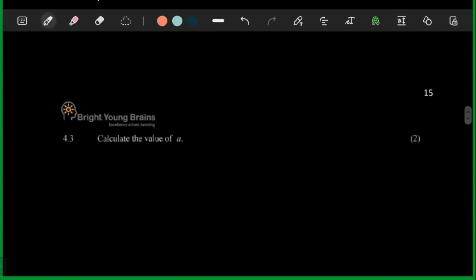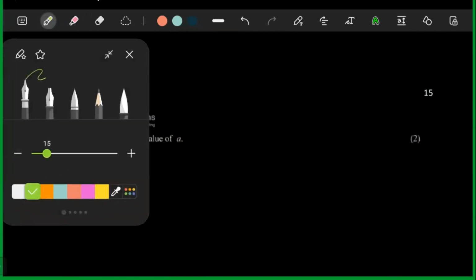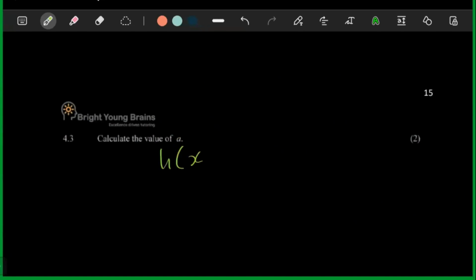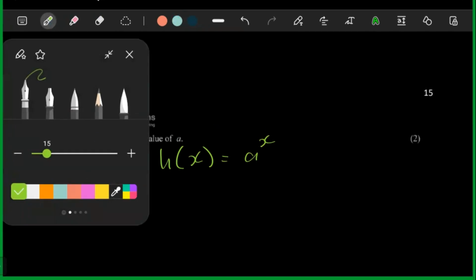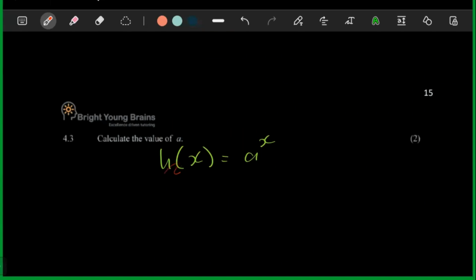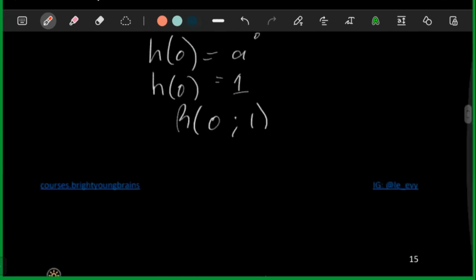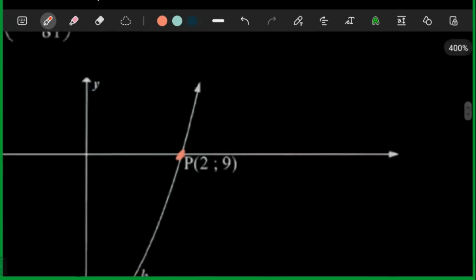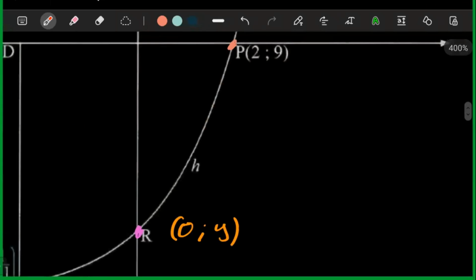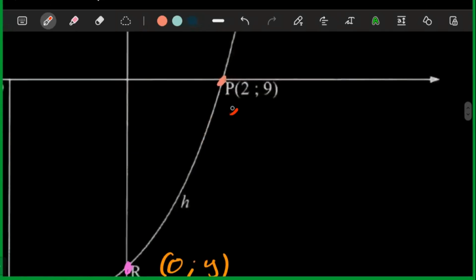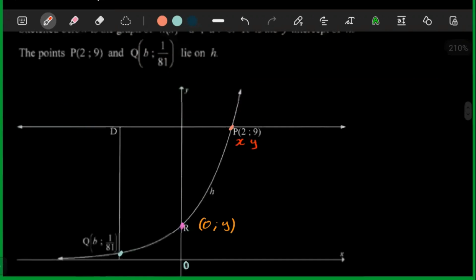Now they're asking you to calculate the value of a. The reason they're asking now is because you now have something to put into this equation to get a. You have a coordinate, but it's not r, because that won't work. This is the coordinate you're going to use to get a.